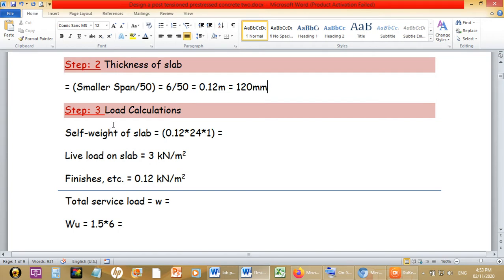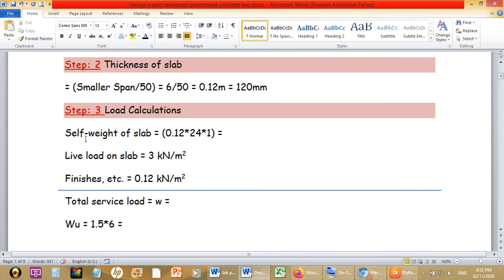Now step 3 is the load calculations. For this particular numerical, we are going to focus on dead load and live load. For dead load, we are going to calculate the self weight of the slab, and we are going to consider the floor finishes, and the live load is given for this numerical as 3 kilonewton per meter square.